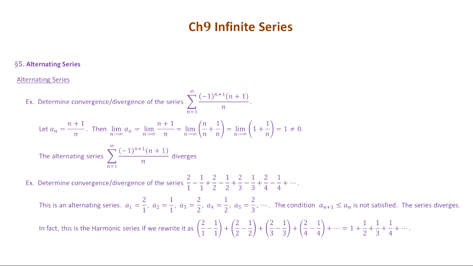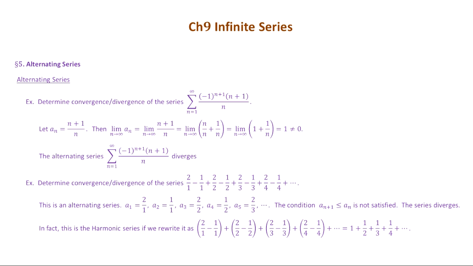The third term is 2/2, the magnitude. The magnitude of the fourth term is 1/2. Again, you don't consider the sign here. And the fifth term is 2/3, the magnitude.